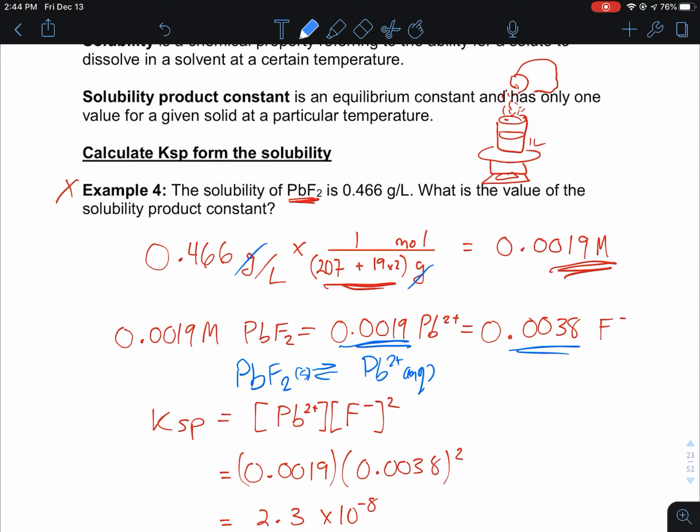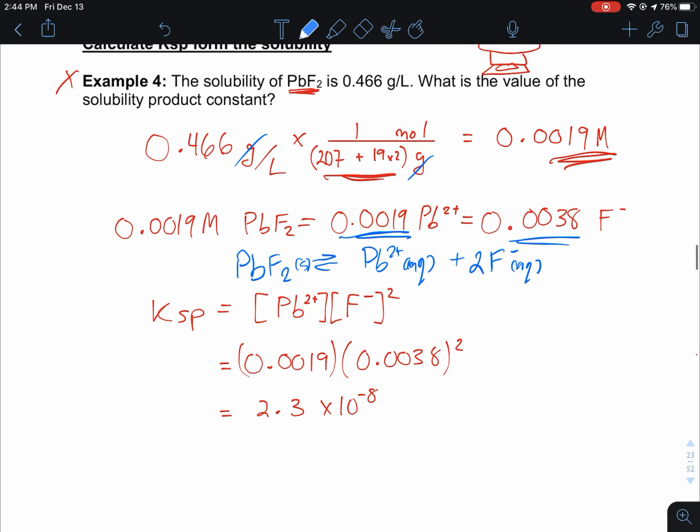So however many moles of lead fluoride I have, I have the same number of moles of lead and fluorine, but we get 2 fluorines for every molecule, so we get twice the number of moles, and that means that the concentration is twice for the same volume.